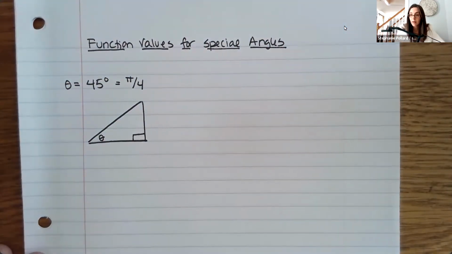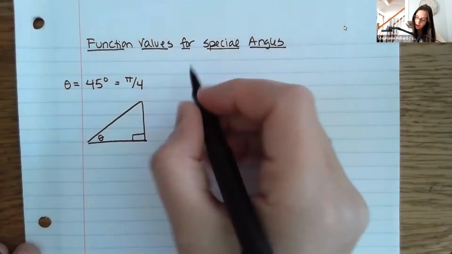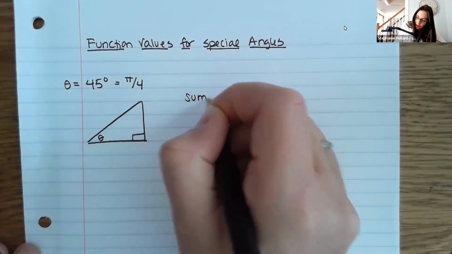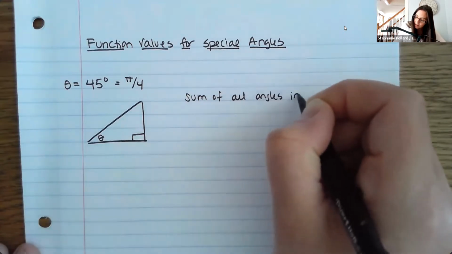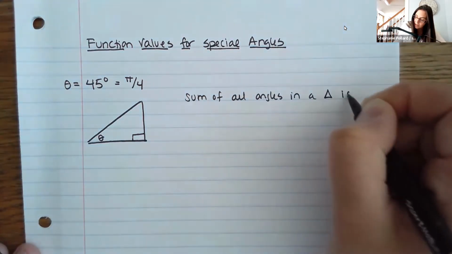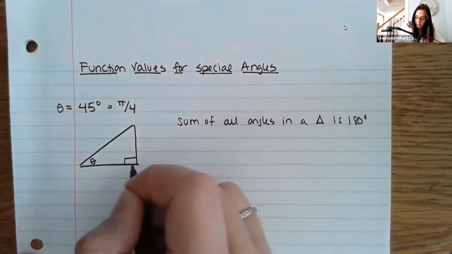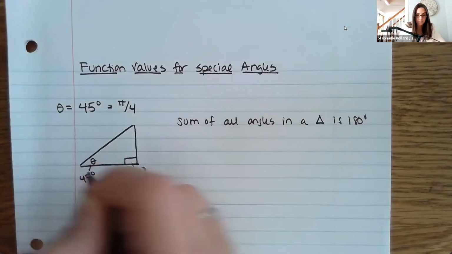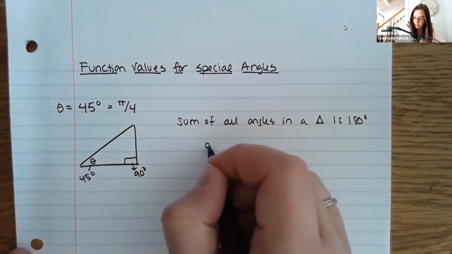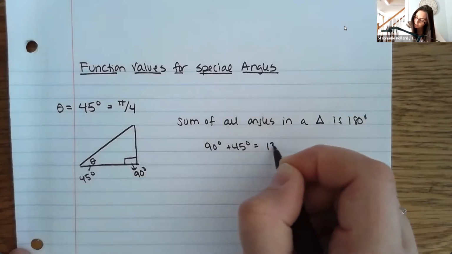Now, something to think about here. If I have a right triangle, this angle is 90, right? And in case you've forgotten, the sum of all angles in a triangle is 180 degrees. So this one we know is 90 degrees, and this one we've just said is 45 degrees. 90 degrees plus 45 degrees is 135 degrees.